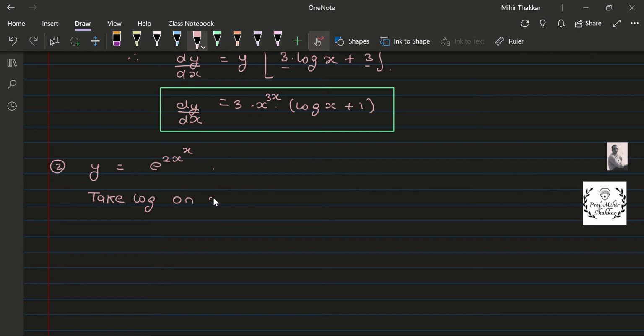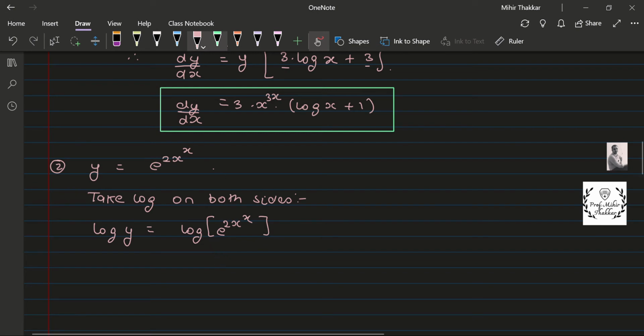Take log on both sides. So log y over here will be as it is. Then when I apply log to this, e raised to 2x and again raised to x.